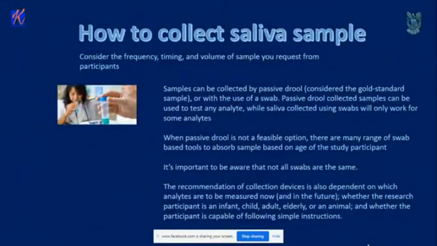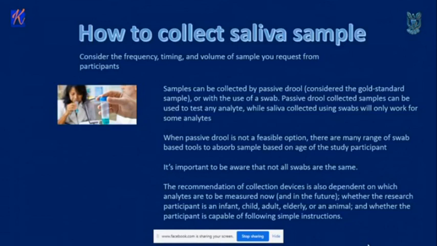How to collect a saliva sample? A very important thing is that passive drool, as you see in the picture, has been a gold standard. Saliva can be collected through passive drool as well as through swabs, which are commercial swabs now available in the market. Passive drool samples can be used to test any analyte.